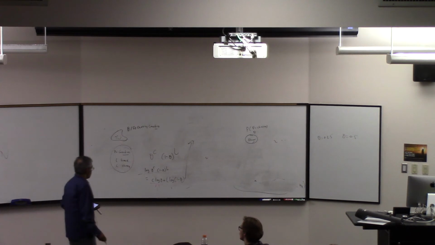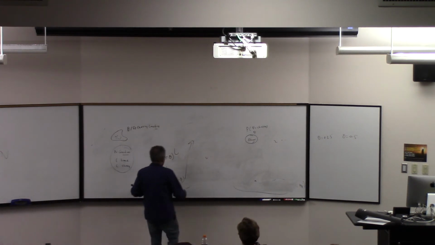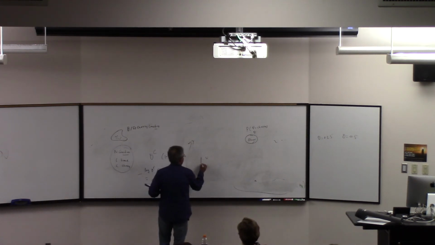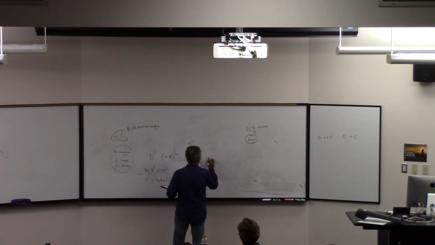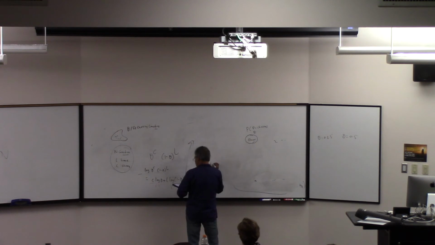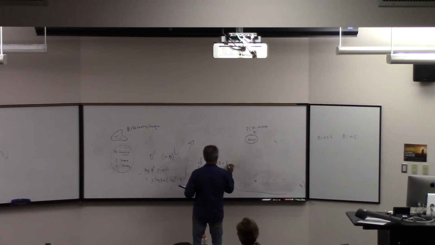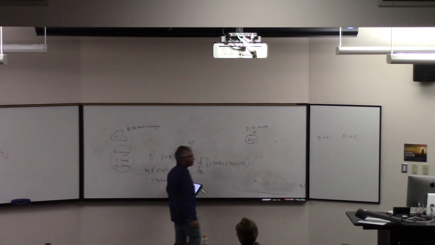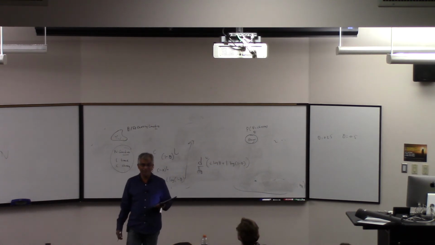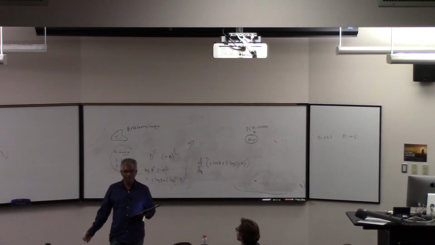So then I take the derivative d by d theta of C log theta plus L log (1 minus theta) and equate it to 0. Remember, normal gradient descent would be used to find the place where the gradient becomes equal to 0.